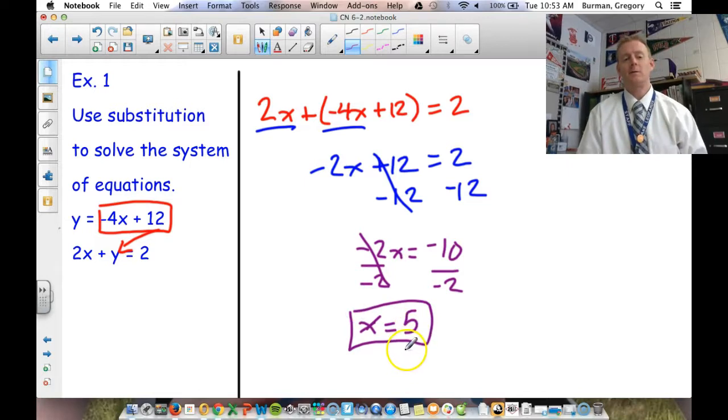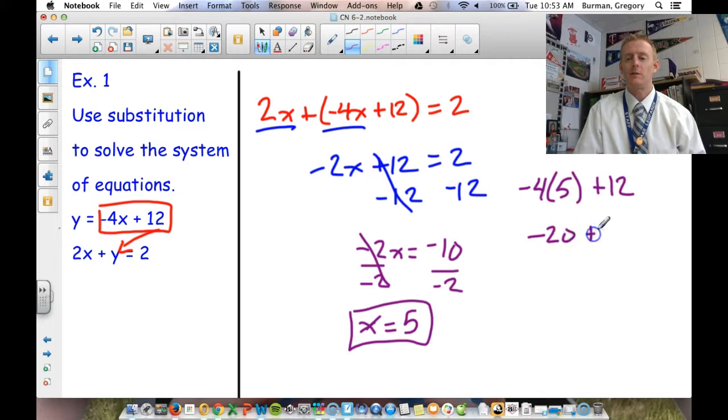If x equals 5, all we've got to do is plug x back into one of the two equations. It doesn't really matter, but if we want to figure out what y is, it'd be an intelligent move just to plug it into the first one because we have y by itself already. So when we substitute it back in, we have a negative 4 times that 5 that we solved for x plus 12. So it's a negative 20 plus 12.